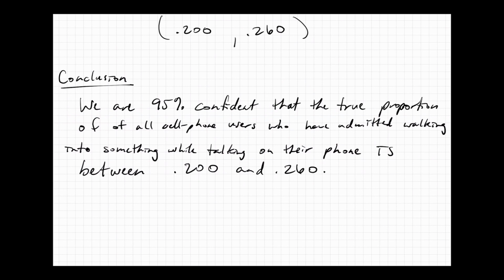So based off my sample, the true proportion of all cell phone users that have walked into somebody while on the phone or walked into something while on the phone is between 20 and 26%. How confident are you? I am 95% confident in that answer, right? That's pretty confident.